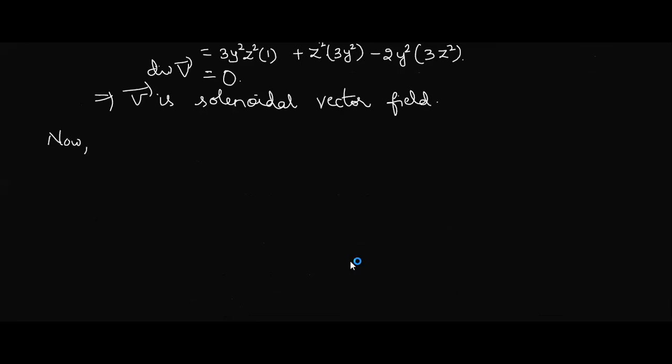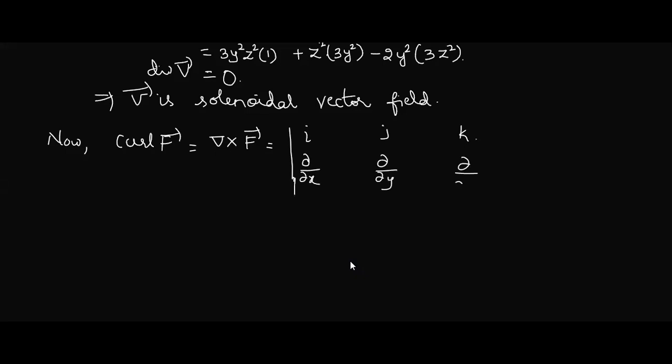Curl. Let us take curl of F, which is nothing but del cross F. Del cross means you write a determinant. First row is fixed as i, j, k. Second row is the coefficients of del: dou by dou x, dou by dou y, and dou by dou z.